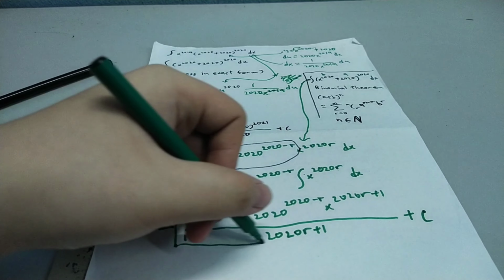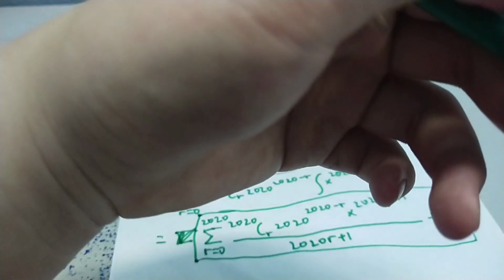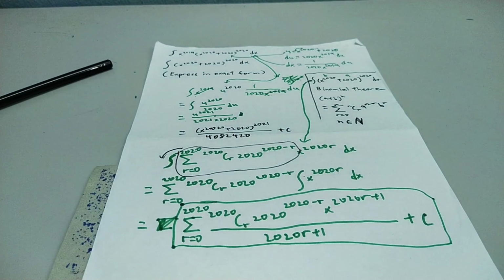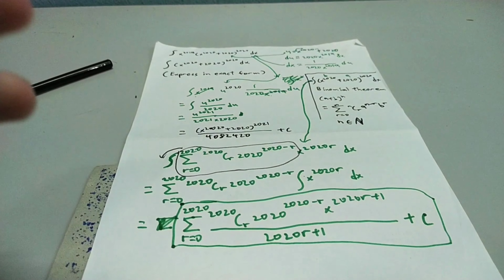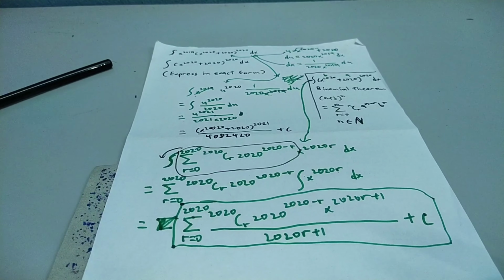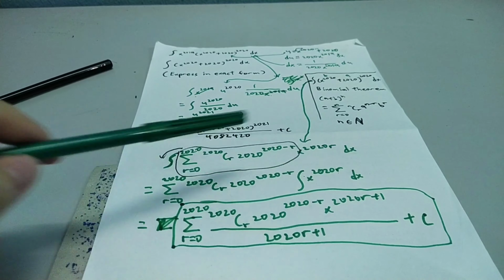This complexity is very complex, but we have done it somehow, and this is really nice because we actually express it in exact form, but we just use summation to simplify this whole thing.